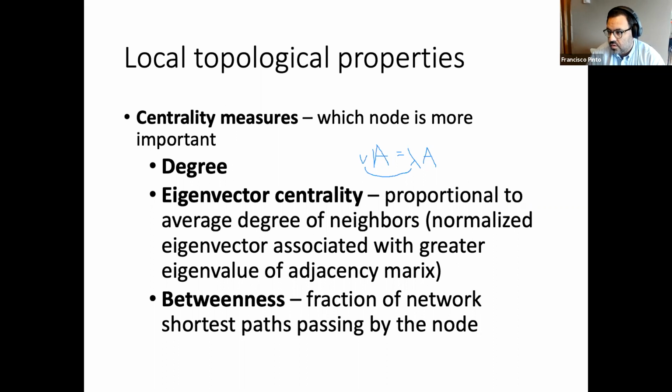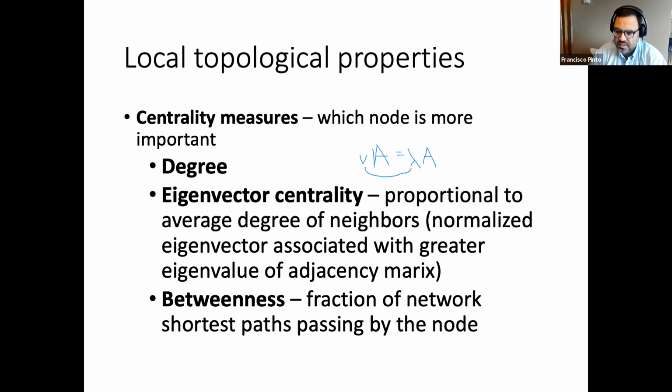So this will propagate: node A has a larger eigenvector centrality if its neighbors also have a high eigenvector centrality, and they have a high eigenvector centrality if their neighbors have a high eigenvector centrality.